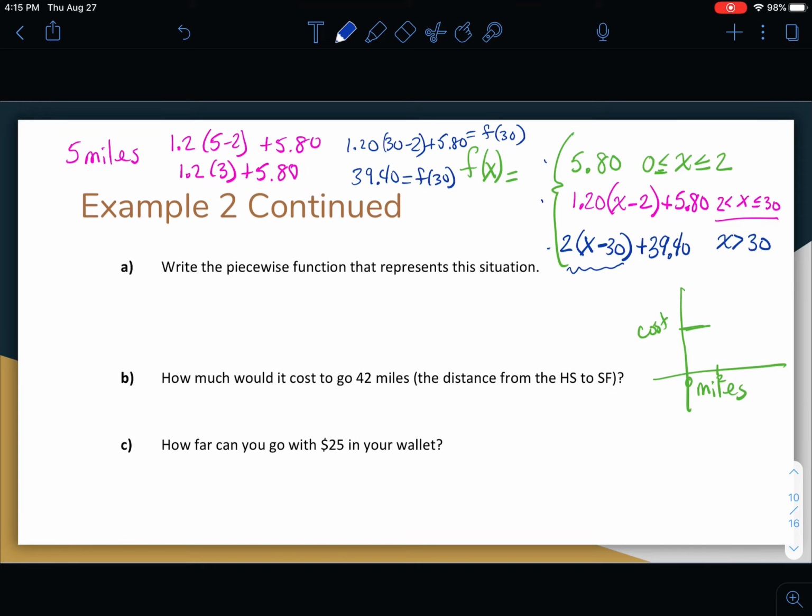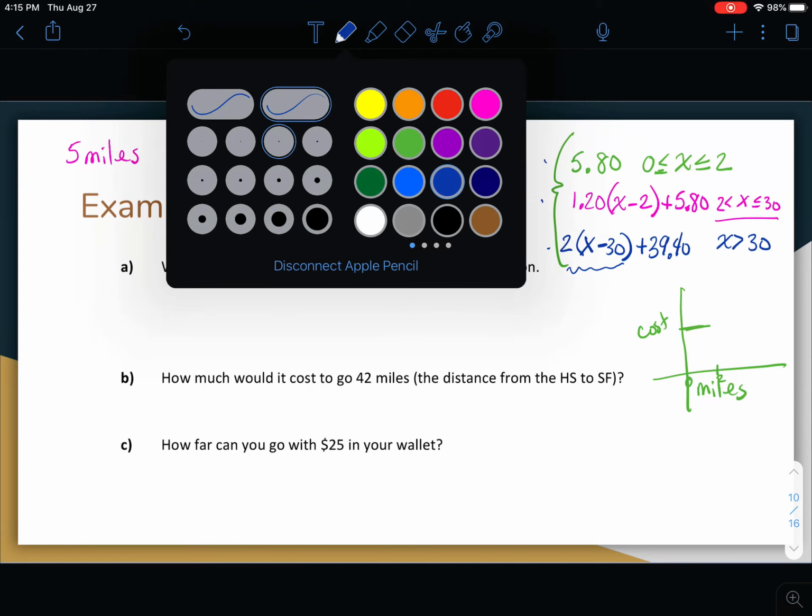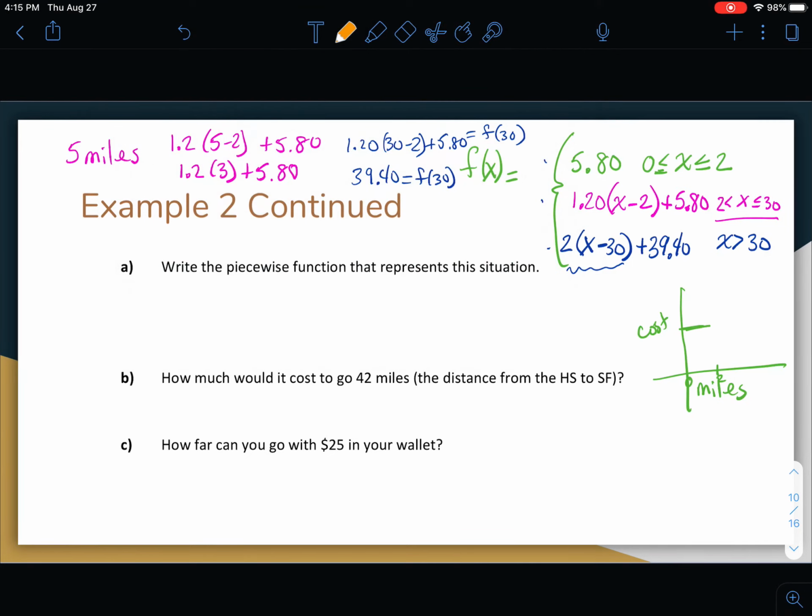Okay, letter B says, how much would it cost to go 42 miles? So this is the distance, and I want to go 42 miles. So you're going to write f of 42. You're going to say, okay, Mrs. Wojcik, I'm using my function f, and my input is 42. Now you need to decide, where does 42 fit in the restricted domains?